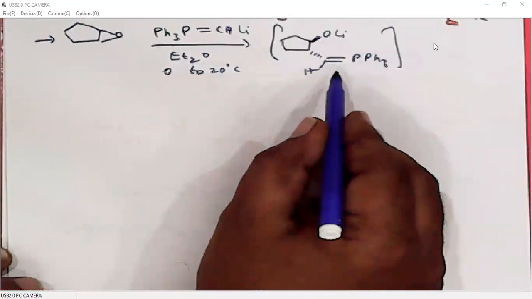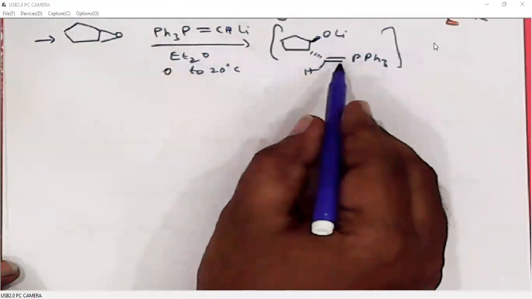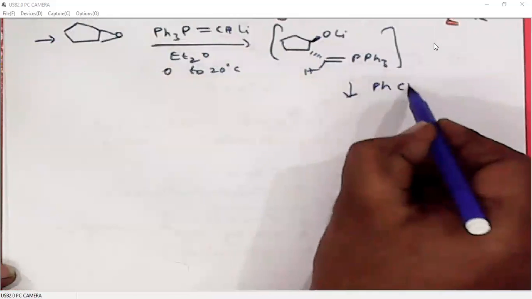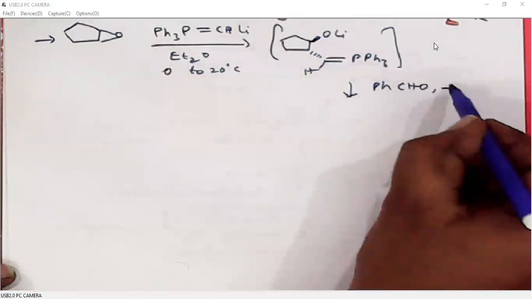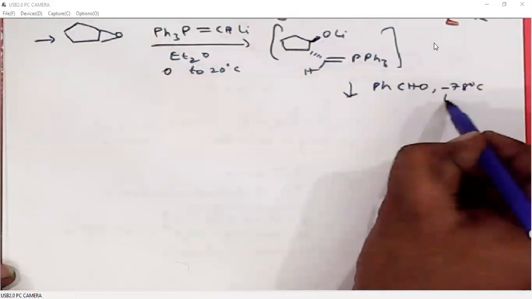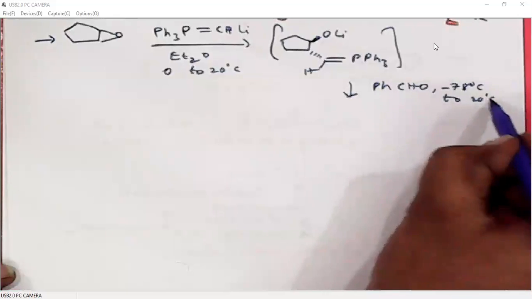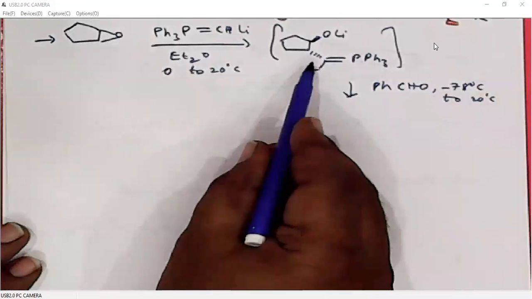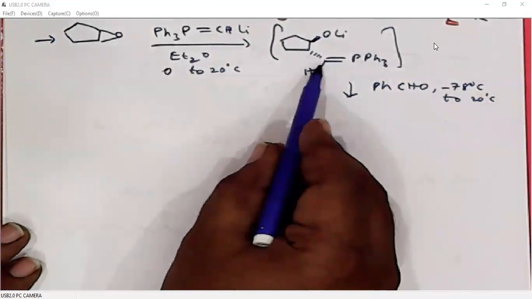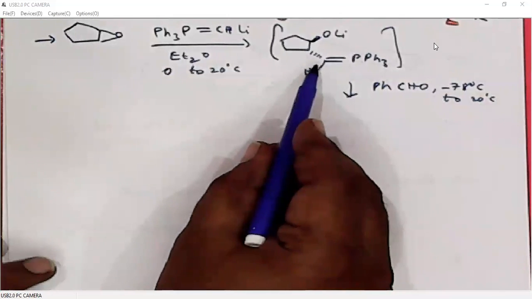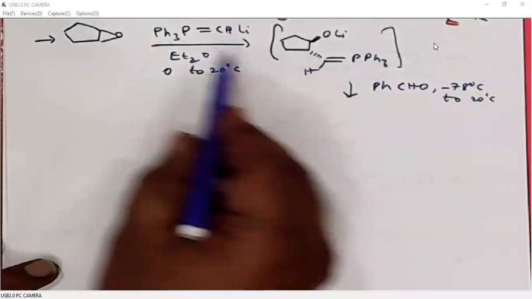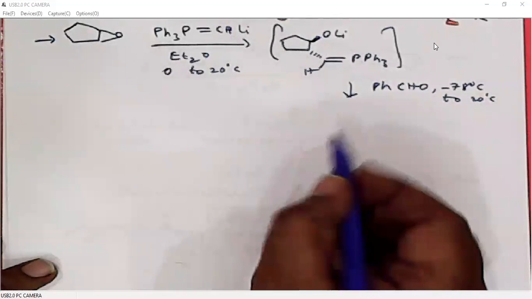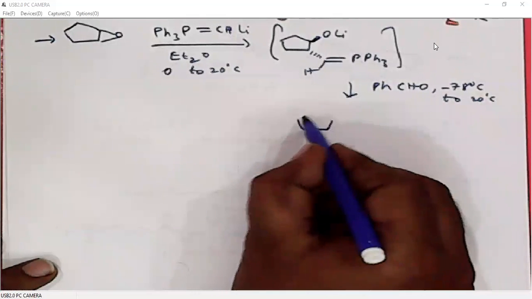That means we can treat this Wittig with one more carbonyl. It is an unstabilized Wittig, but still we have alkyl lithium in the reaction mixture. So that is why we will get the E double bond.